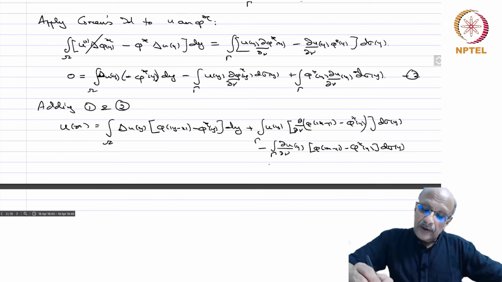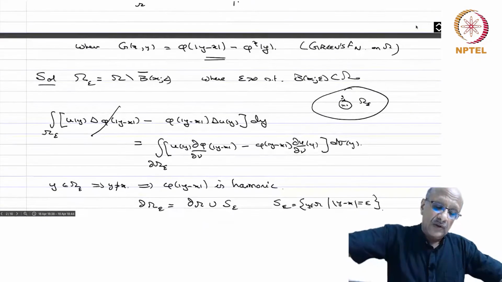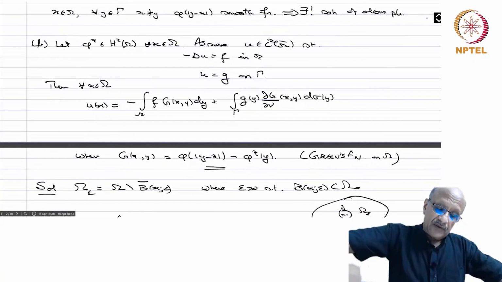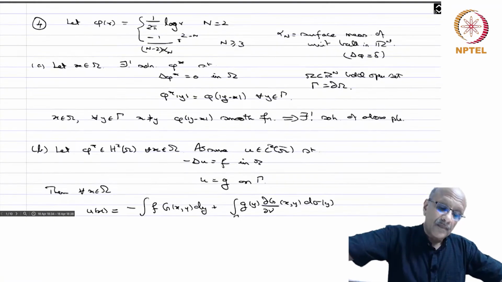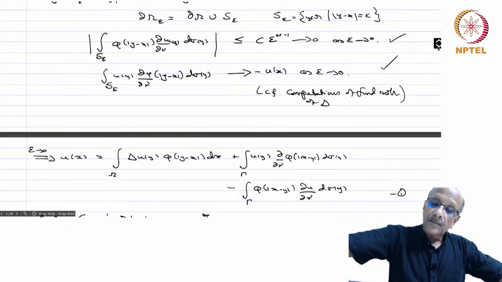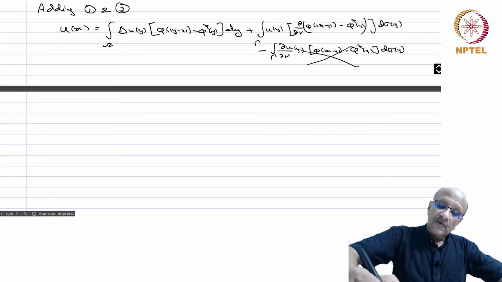Now, we do not know anything about du/d nu, but this is precisely the reason, because phi(|x - y|) minus phi^x(y) is equal to 0. So, that is how we define phi^x, this condition, and therefore this term vanishes because this is equal to 0 here.